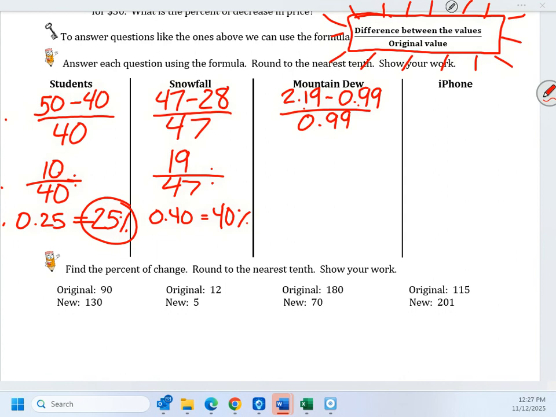Finley? 1.20. Over 99, and we need to divide it. What is $1.20 divided by 99 cents? Colton?